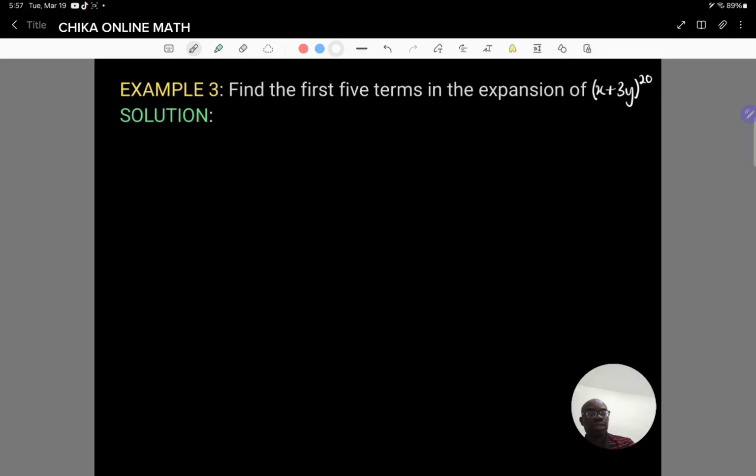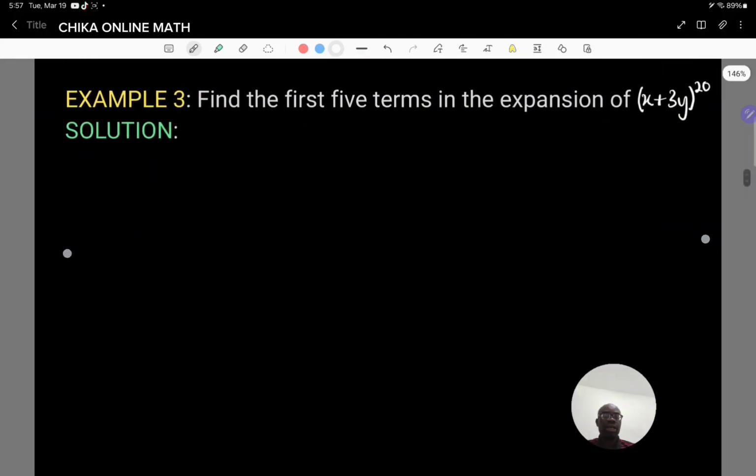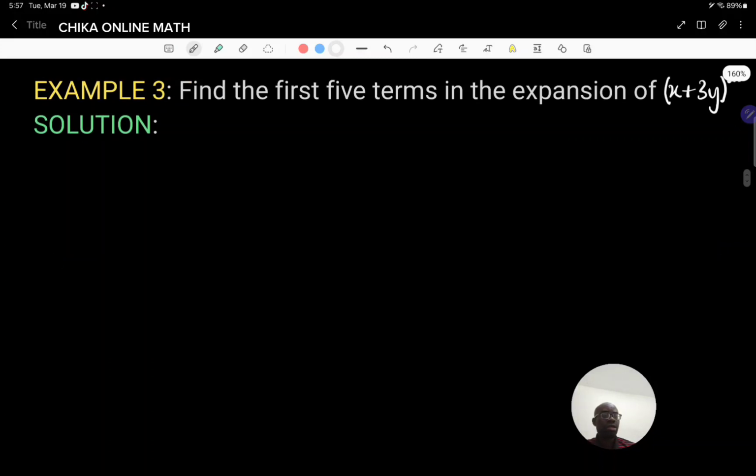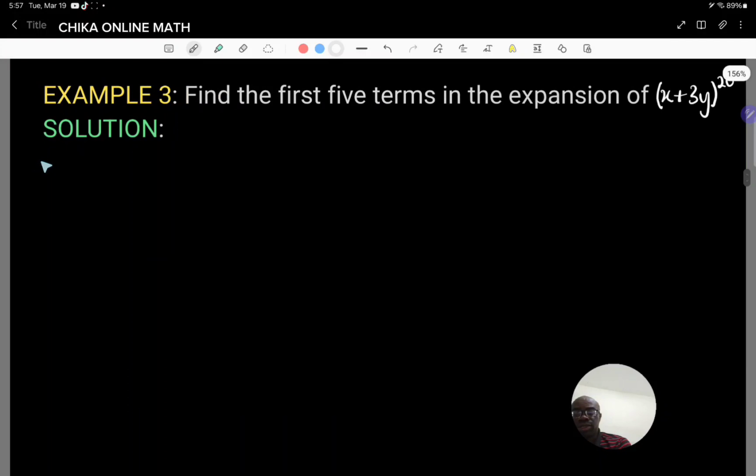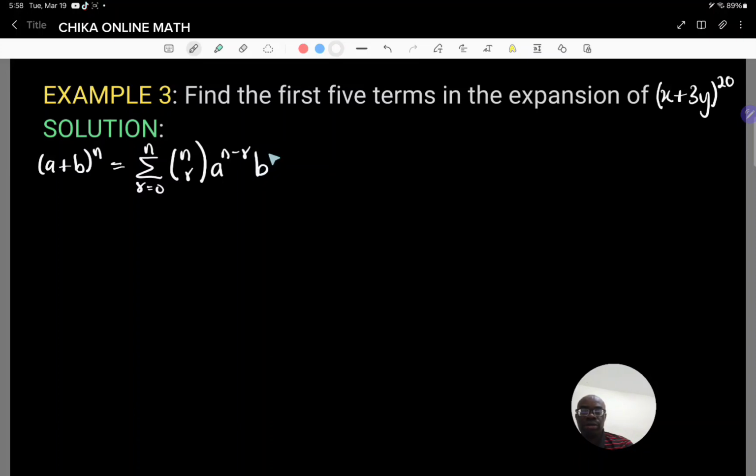So we'll start by recalling the binomial theorem, which states that (a plus b) to the power n equals the summation, r equal to 0 to n, of n combination r, a to the power n minus r, and b to the power r.